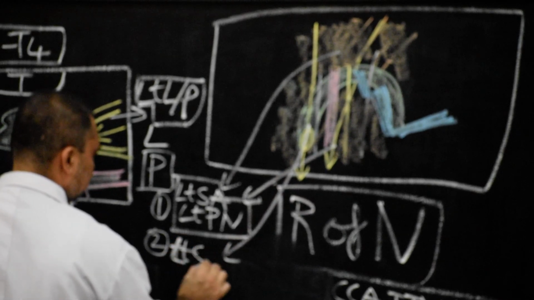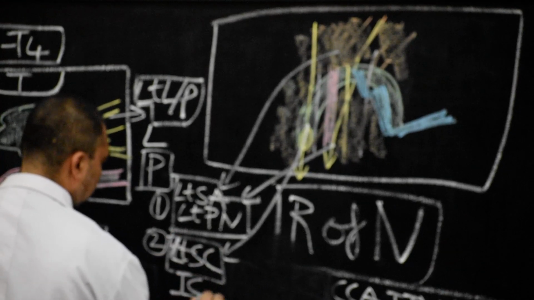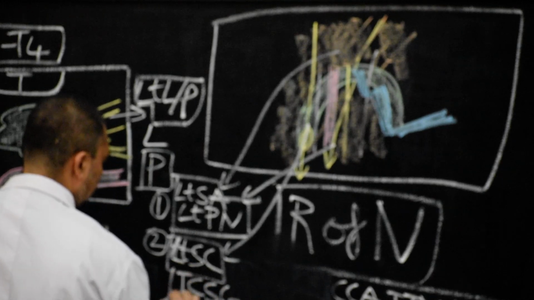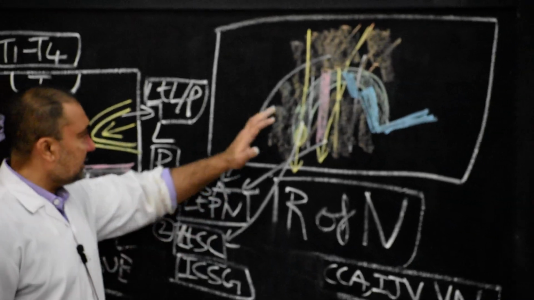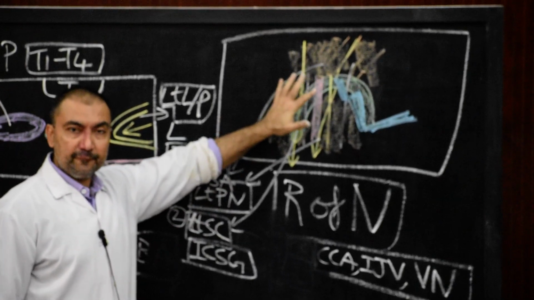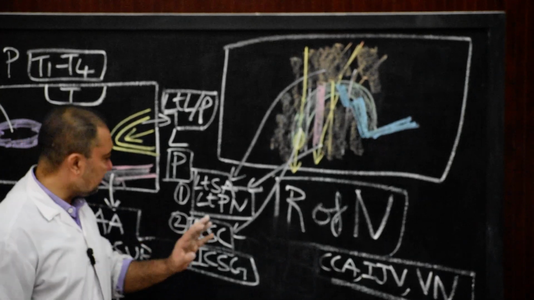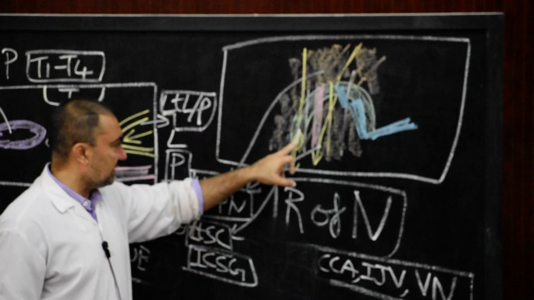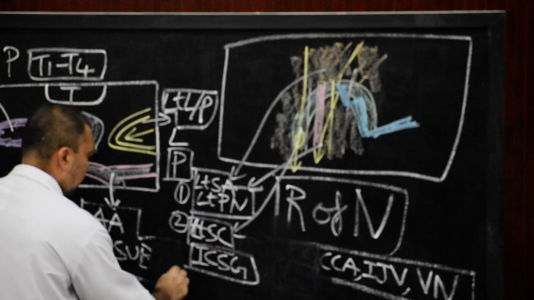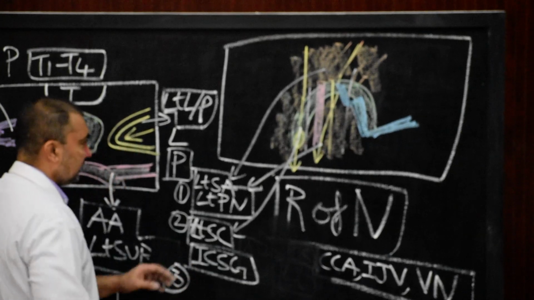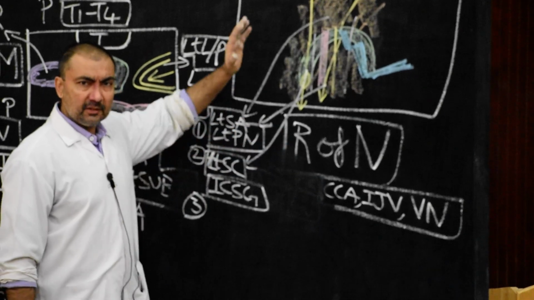Which side? Left side. So two structures are very clear. The left scalenus anterior muscle and the left phrenic nerve, both of them enclosed by prevertebral fascia. Then the second structure will be the left sympathetic chain and left inferior cervical sympathetic ganglion. Then we come to the third structure. Remember, these are the structures related to the posterior of the thoracic duct in the root of the neck.